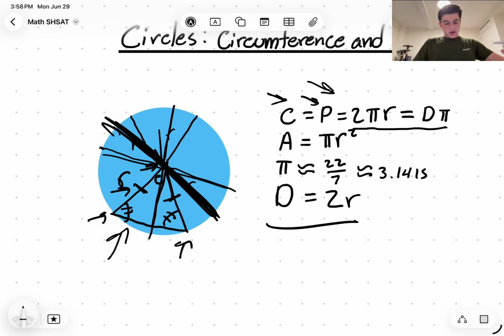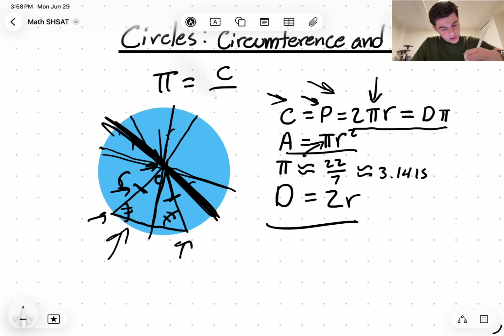Okay, so now let me talk about the formulas we use, which are for area and circumference. Both of them have something called pi, which is this thing right here. And pi is basically the ratio of the circumference to the diameter. You don't need to know how we derived that.